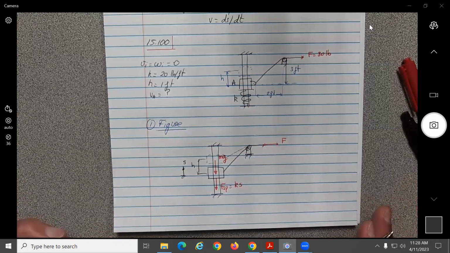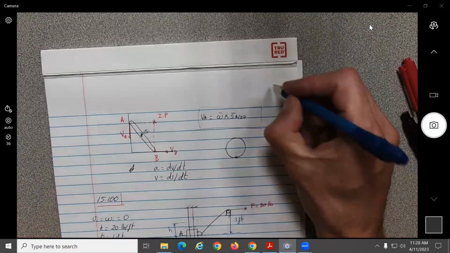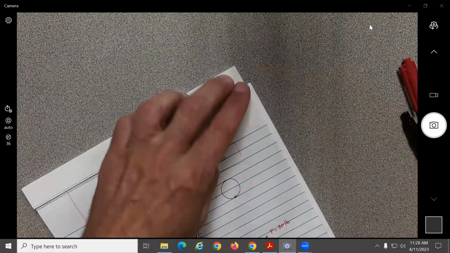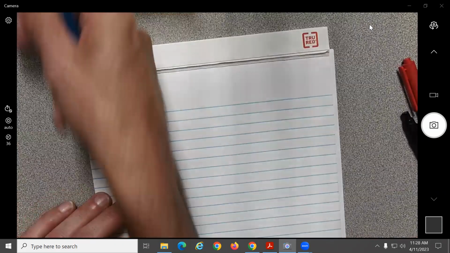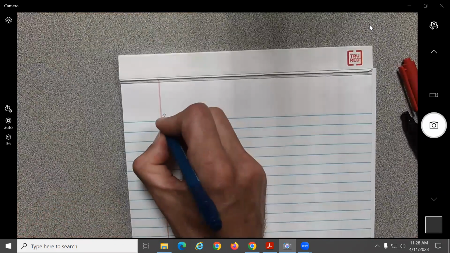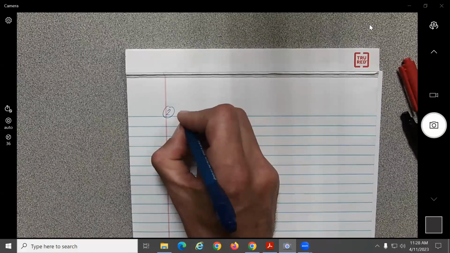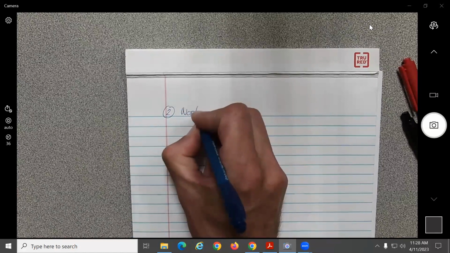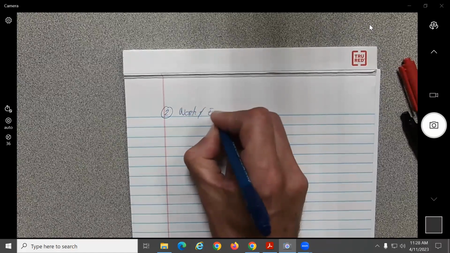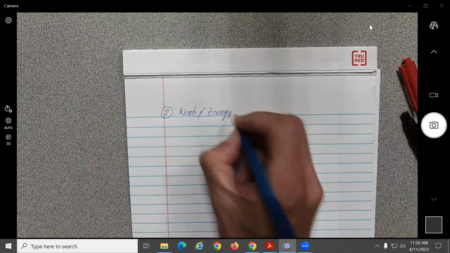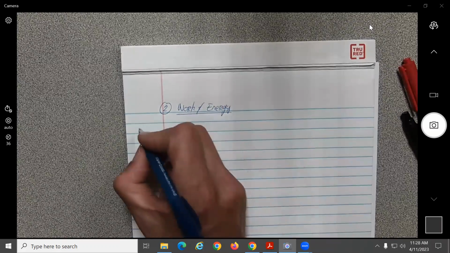What should be step 2? Basically it will be the same thing as with the summation of forces equals m a, summation of moments. So let's say the work and energy equation, which is what?